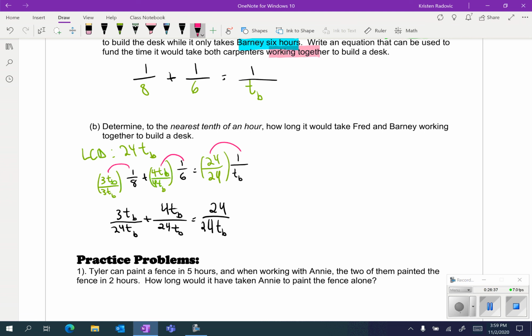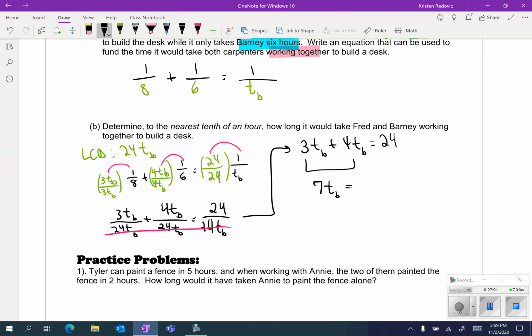Once you get the same denominators, you can cross them out, and you're going to work with just the numerators. So I'm going to have 3t sub b plus 4t sub b is equal to 24. And you're going to combine like terms. 3 plus 4 is going to give you 7t sub b equals 24.